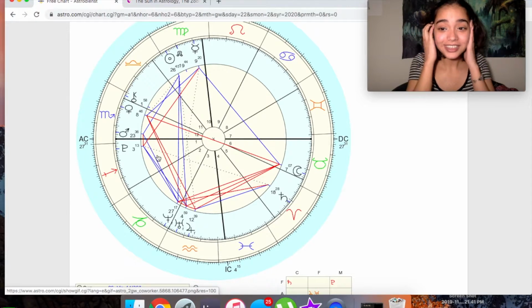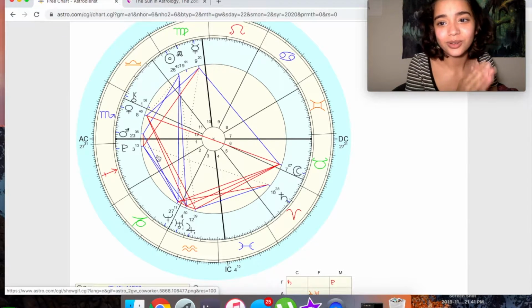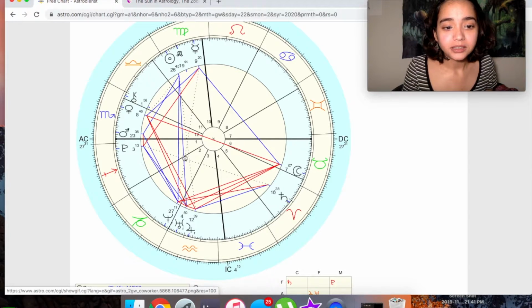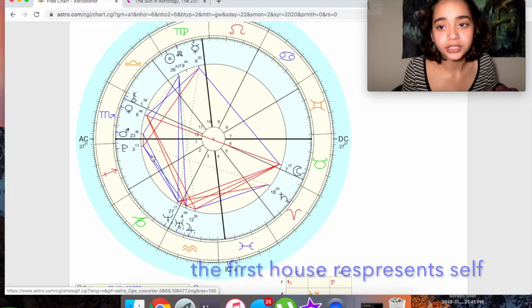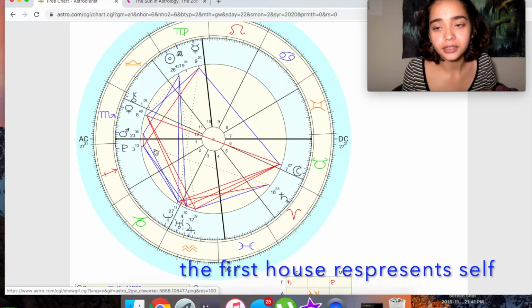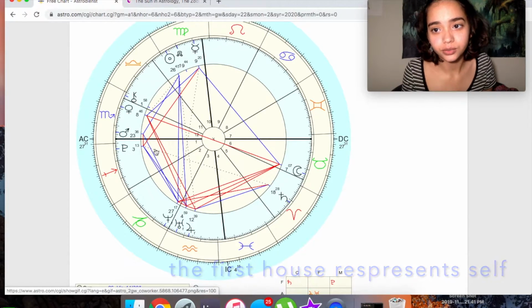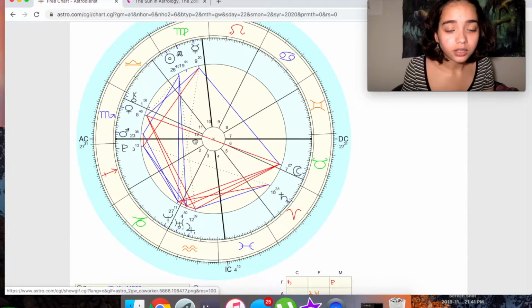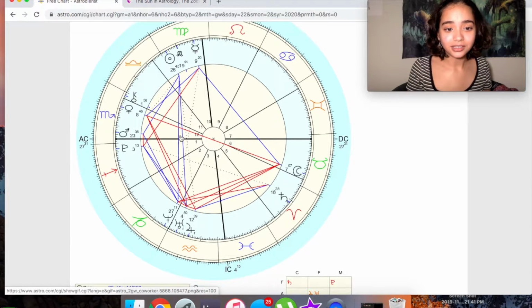It ties into a lot about Aries, and I don't want to just go on a rant about Aries right now. But basically this house holds the energy of Aries and of the planet that rules Aries, which is Mars.